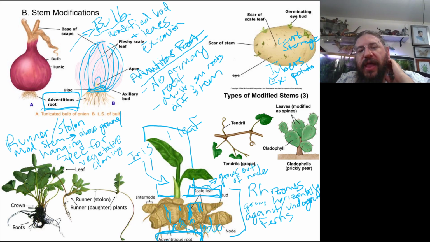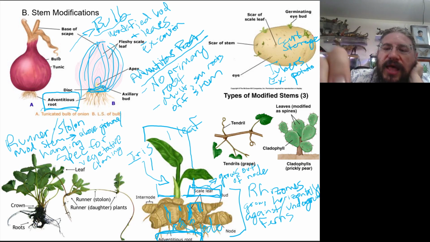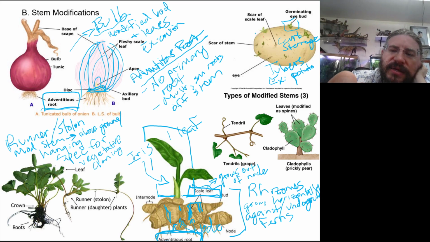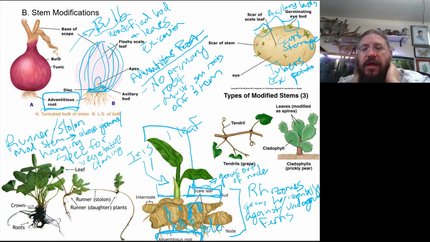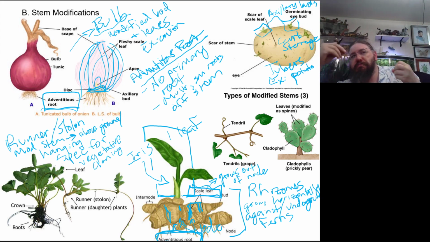You can tell that they are stems because the eyes of a potato are buds. So those are axillary buds. And axillary buds come off the stem. So, if you let a potato grow and it starts to grow all those leaves coming off of there, your potato is technically branching. So that's kind of fun.